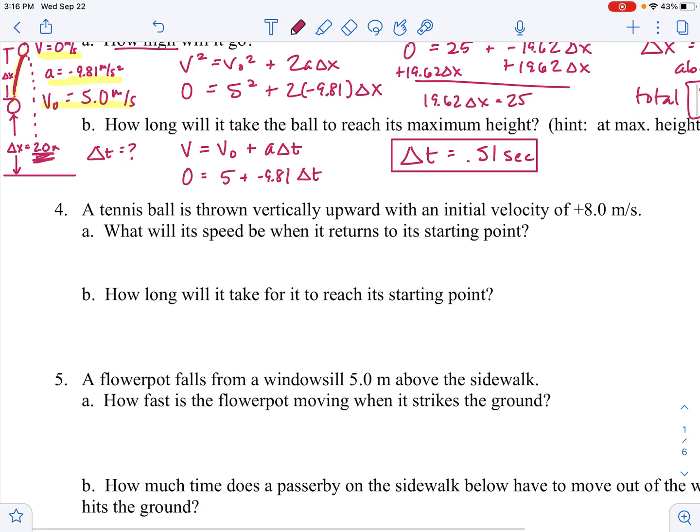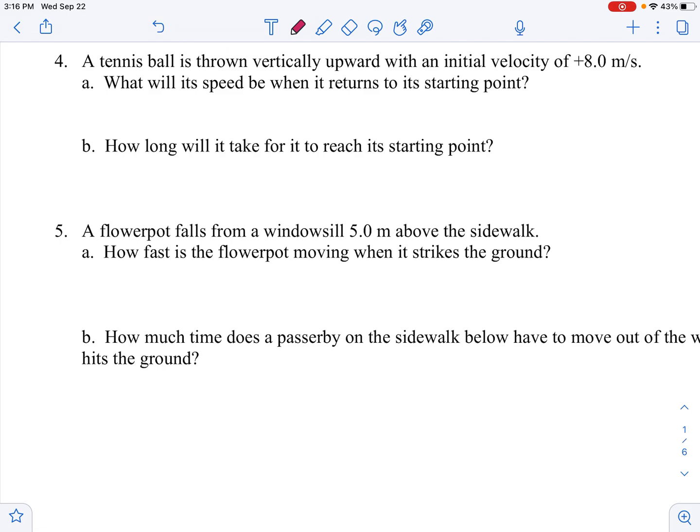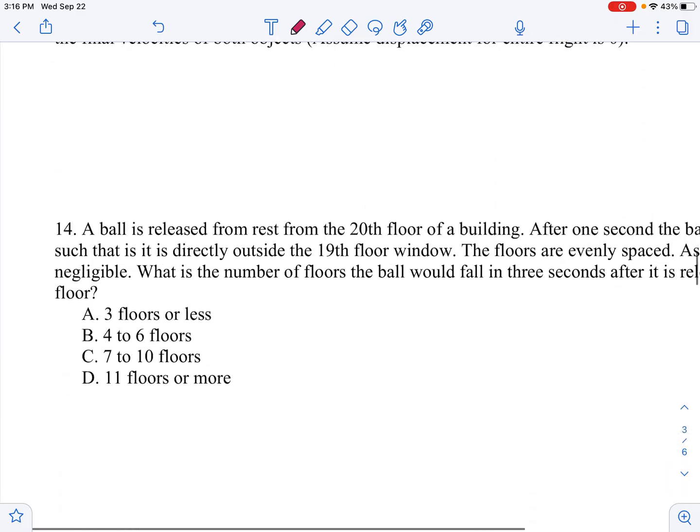Okay, number 4. A tennis ball is thrown vertically upward with an initial velocity of 8 meters per second. What will its speed be when it returns to its starting point? So we looked at a problem like this in class, and I think I'm going to replicate it real quick here. So let's say that I have a ball that leaves my hand with an initial velocity of 30 meters per second.